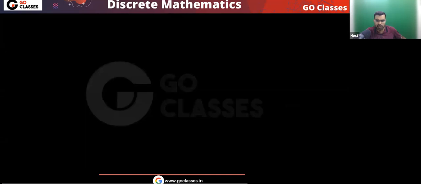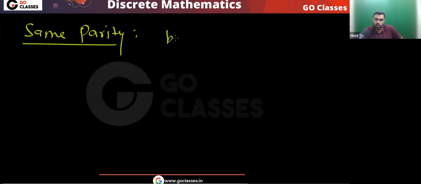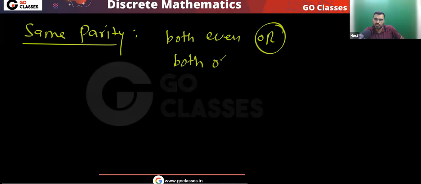Did you understand this question? What does parity mean? Do you remember? Same parity means either both even or both odd. Yes or no? Same parity means either both even or both odd.